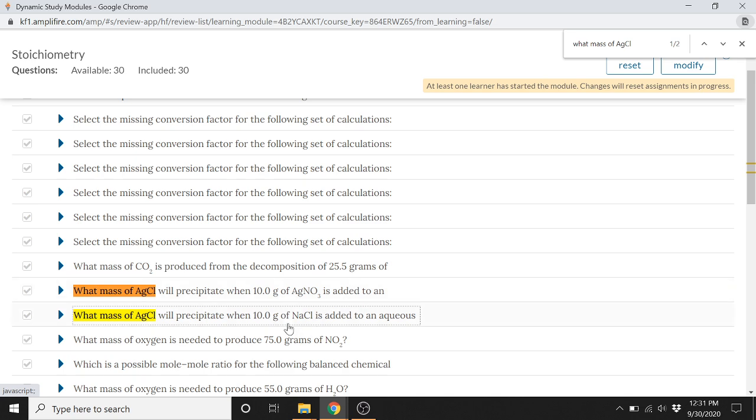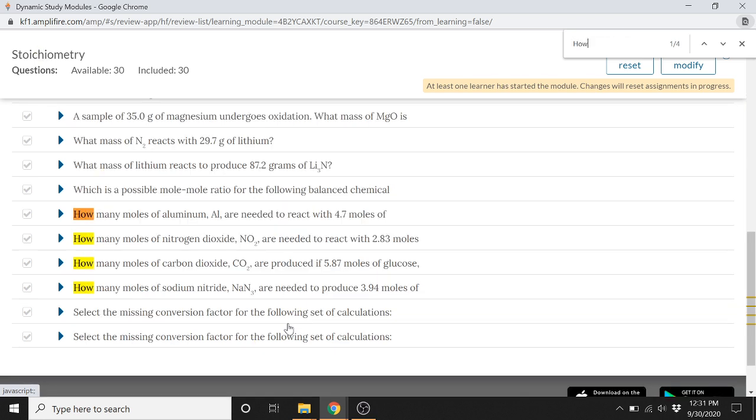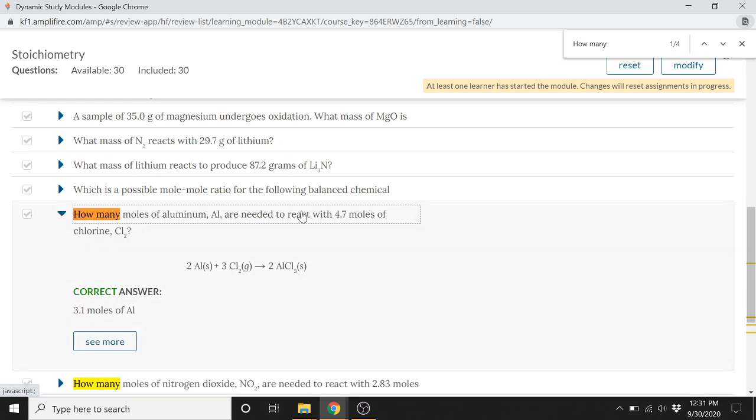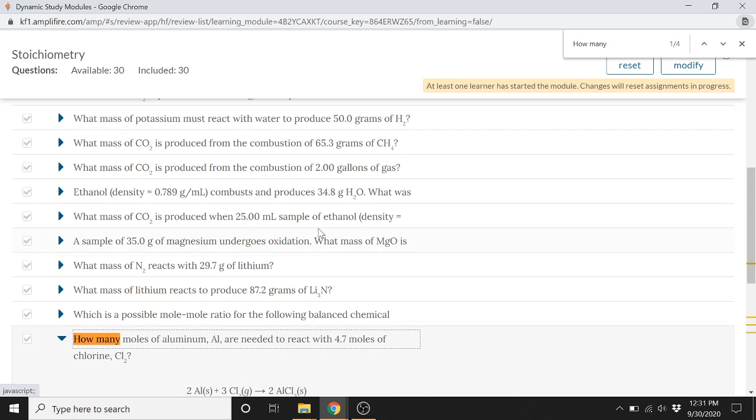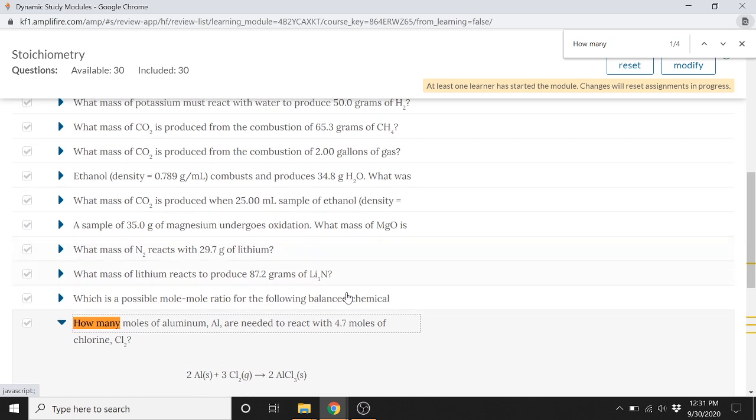Sure. How many moles of aluminum, Al, are needed to react with 4.7 moles of chlorine, Cl2? Okay. And so again, this is just the same sort of stoichiometry problem.